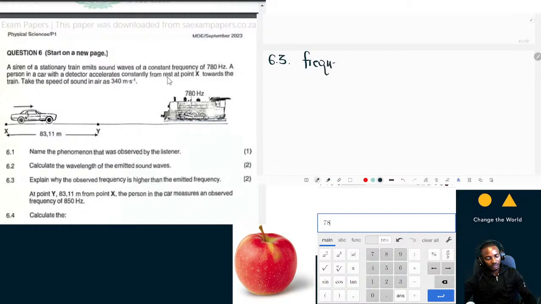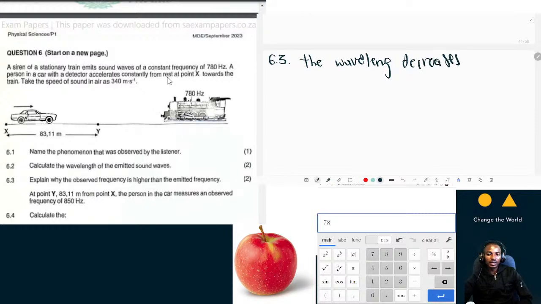The frequency is higher than the emitted frequency because the wavelength decreases.